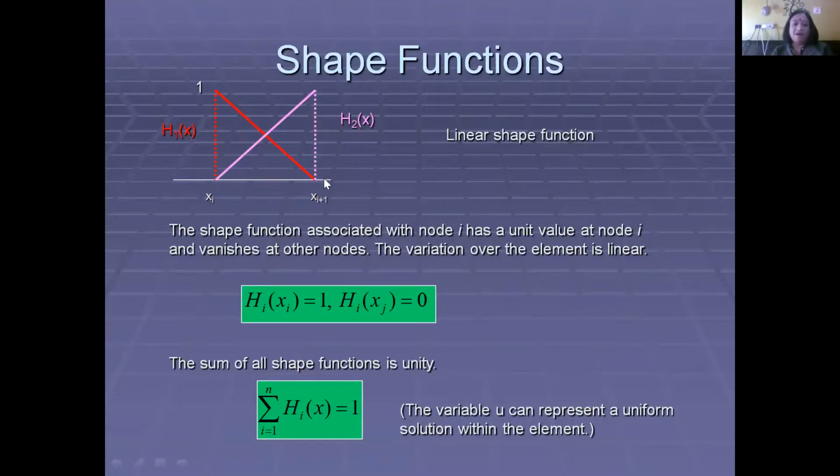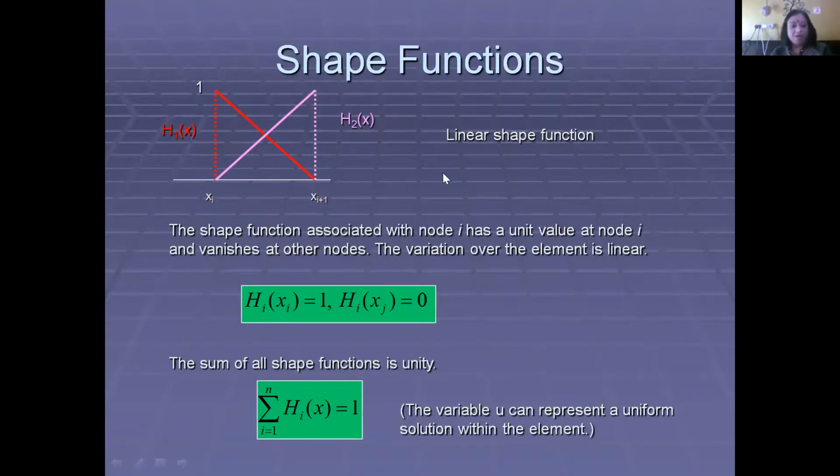On the other hand, you have h2(x) defined at node 2. h2 is unity at node 2, and it goes from 1 to 0 linearly as I go from node 2 to node 1. This is the definition of a linear shape function.